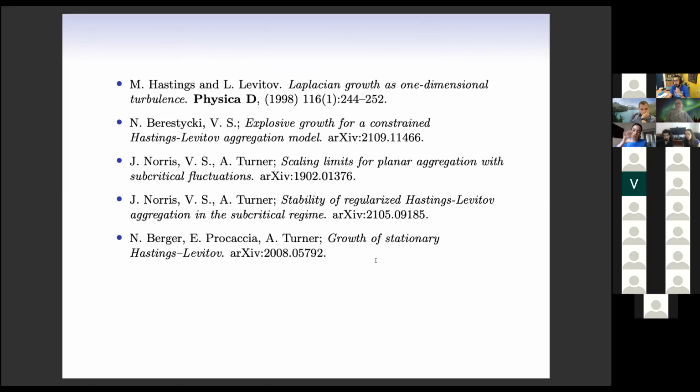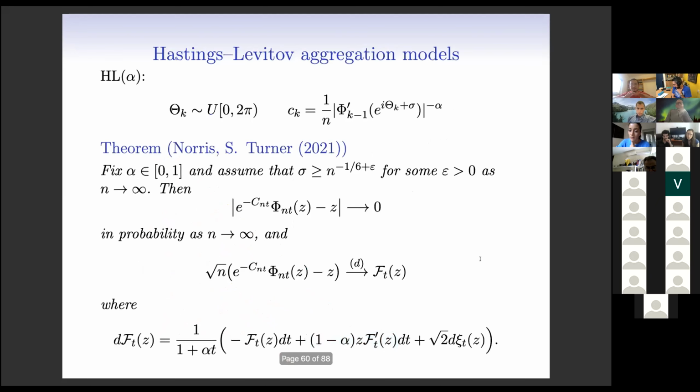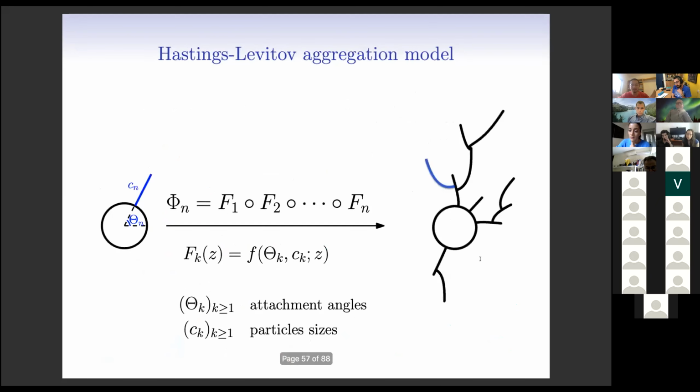Does that mean the models you introduced later, all those models which contain this conformal distortion, are not explosive? I was trying to understand what you mean by explosive. Does that mean the image of the conformal mapping doesn't grow to infinity or something?